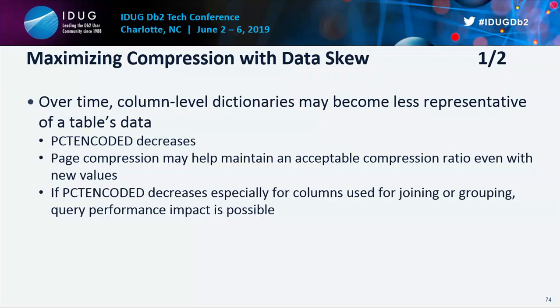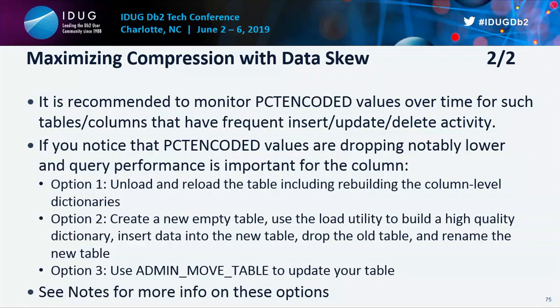And right now your option in some of these cases is having page level compression kick in and help you out. The other option is you can choose to rebuild the dictionary, and we are working on future things to allow for evolution. I think I just suggested those, so these are your unload and move table. There's some more options in here of how to deal with such situations.